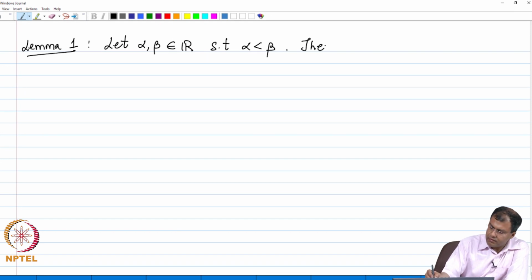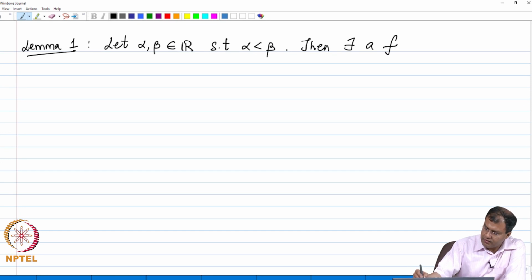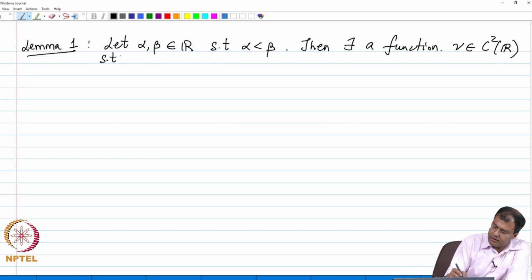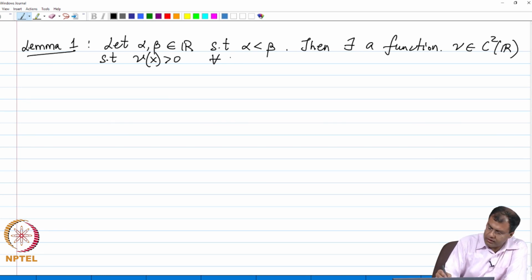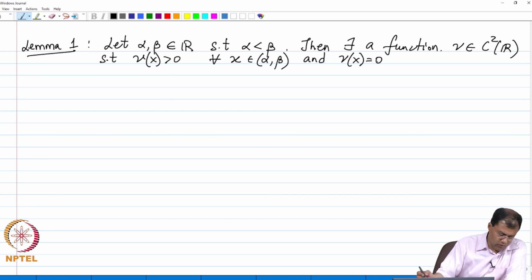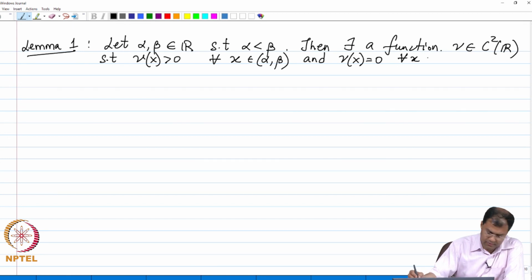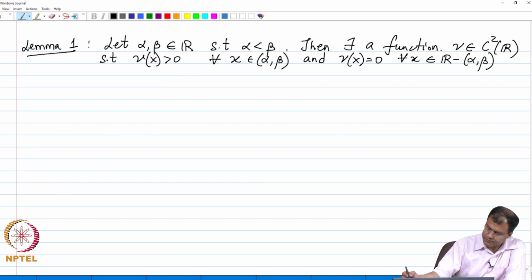Then there exists a function nu, which is second order differentiable over the entire real axis, such that nu is positive for all x inside this interval alpha comma beta, and nu of x is equal to 0 for all x in R minus alpha comma beta, right.